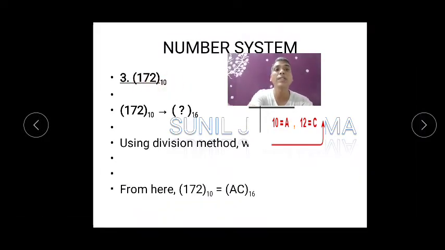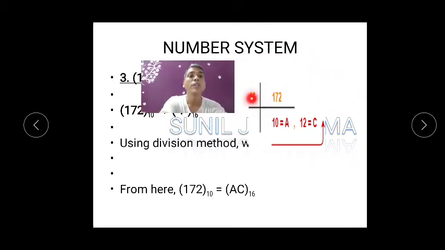Now let's see some other examples. This is 172. This is in decimal, you have to change it to hexadecimal. So 16 tens are 160, 172 minus 160, the remainder will be 12, and 10, which is less than 16. So your answer will be AC.